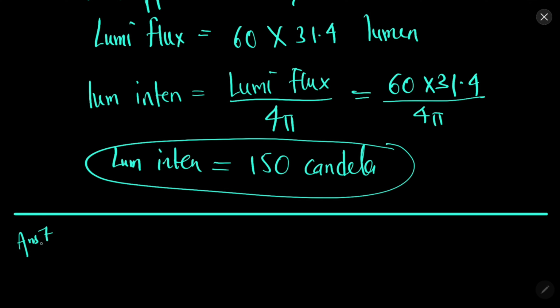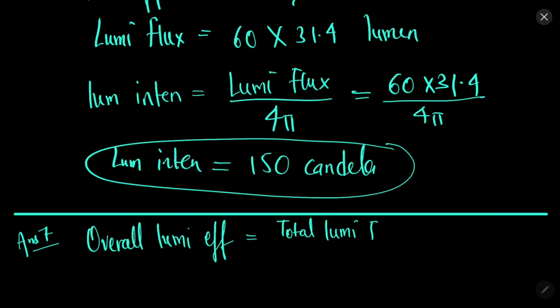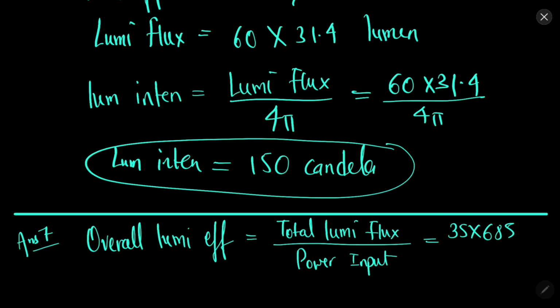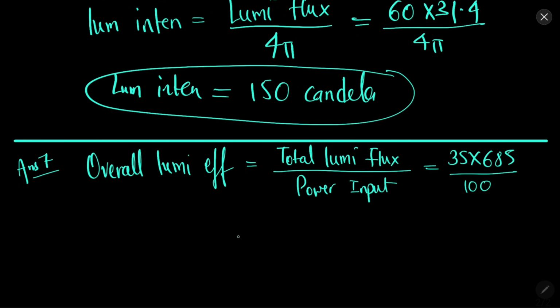So in the seventh one, overall luminous efficiency will be equal to total luminous flux over power input. So it will be 35 into 685 over 100. So it will give us 239.75 lumen per watt.